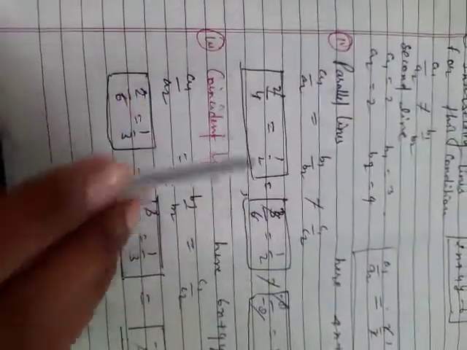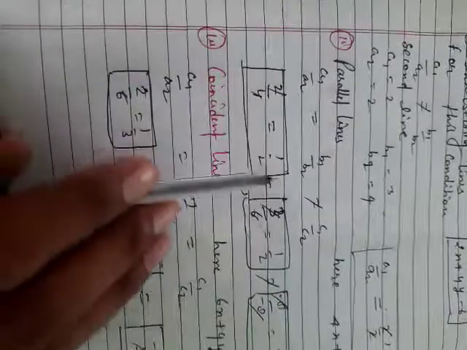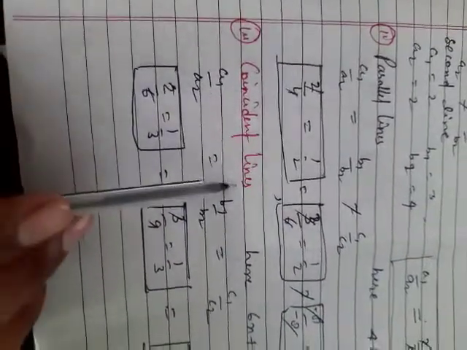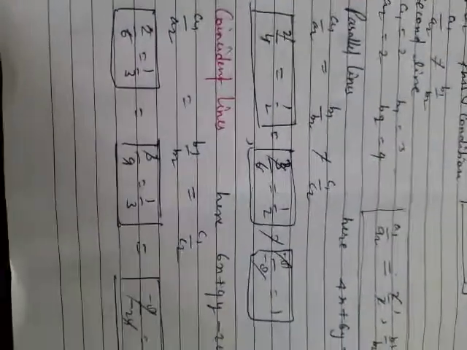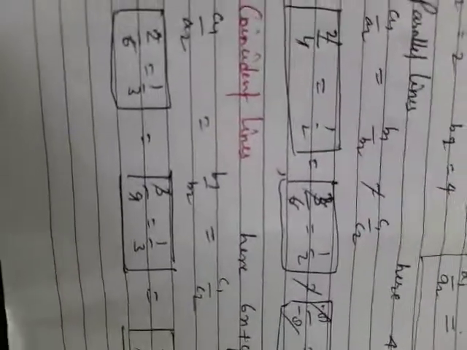In parallel lines a1, b1 will be the same value. Coincident lines, look here, I have taken this equation to make the same value for all three. Okay, if there is any problem, please comment and tell me.